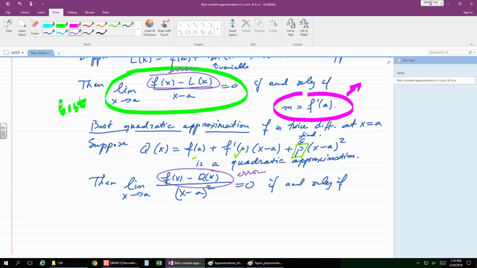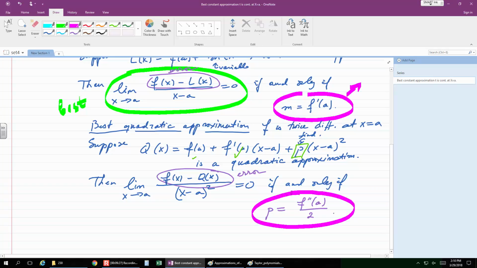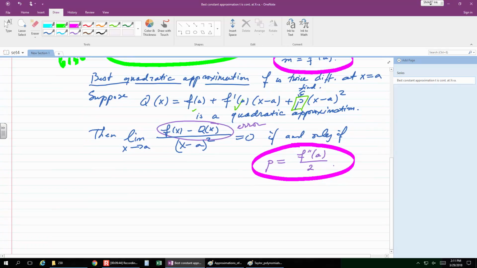So the answer is that number p is in fact not the derivative, but the second derivative divided by 2. We'll see where this division by 2 comes from, but that is the answer. That's how to approximate the function using not only the value and the derivative, but also the second derivative.